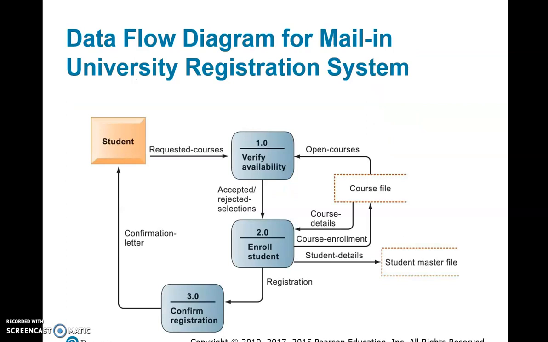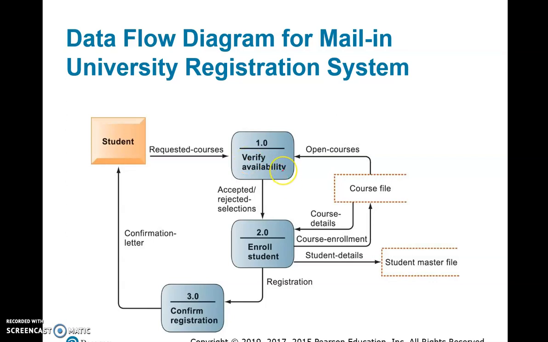Let's take a look at the data flow diagram. So this is a data flow diagram for a mail-in university registration system. A student requests courses. So the system verifies that the courses are available.